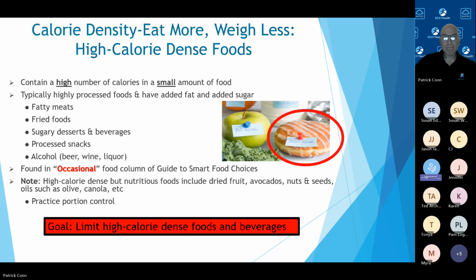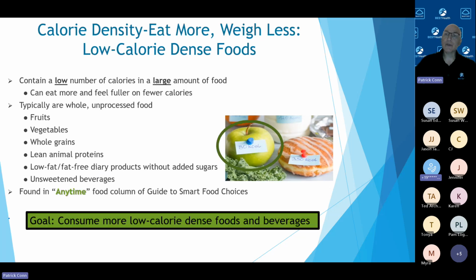Okay. All right, now let's go to the low calorie dense foods. Your low calorie dense foods are the ones that contain a low amount of calories in a large amount of food. That means you can eat more of these foods and you can feel fuller on fewer calories.